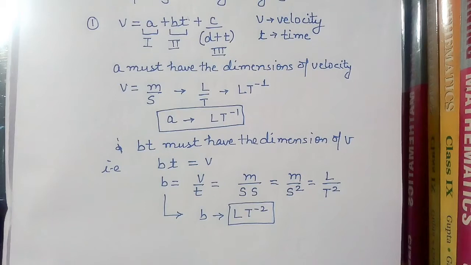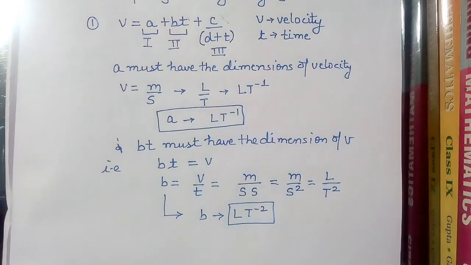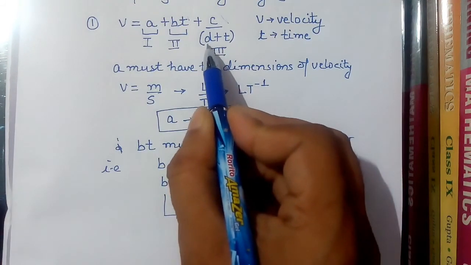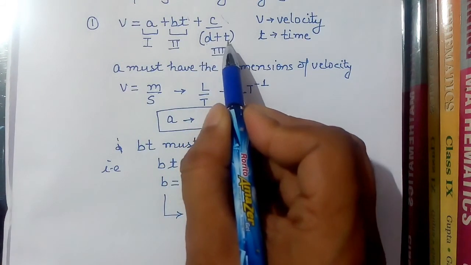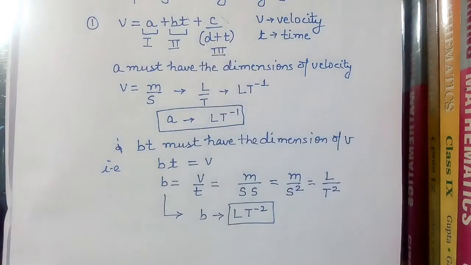Now in the third part we have C upon D plus T. This whole thing has the dimension of velocity. But first we will look at the denominator, D plus T. There is a rule of homogeneity that we can add like quantities and also subtract like quantities.